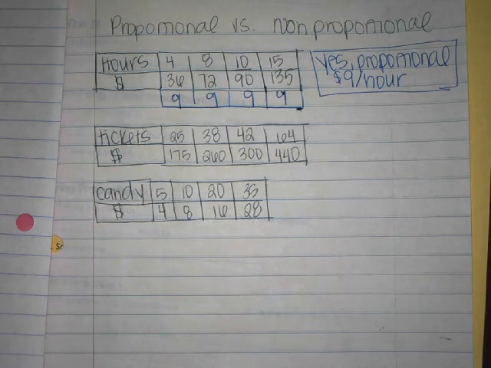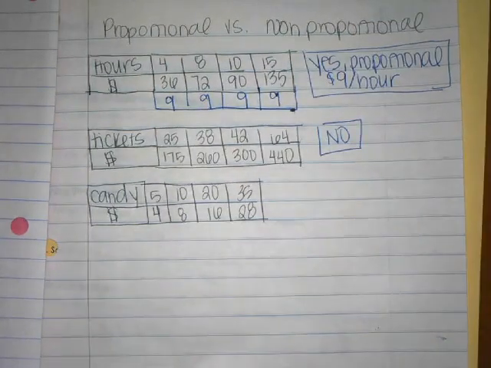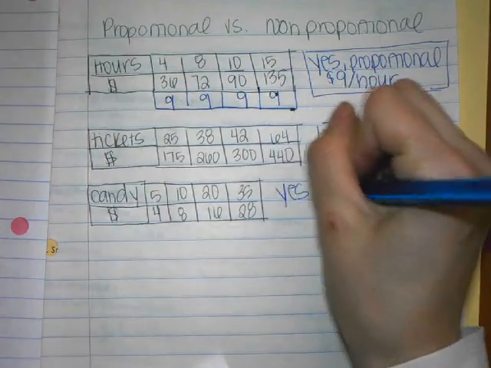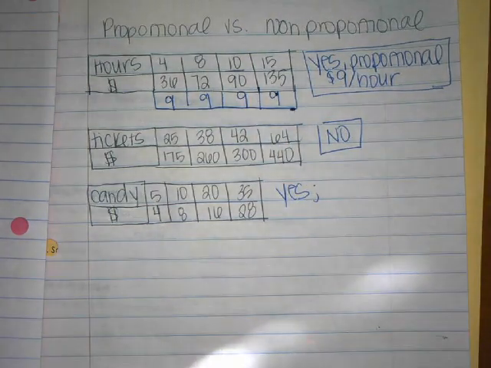Okay, back up front. Okay, I just want the simple yes or no. So on the first one, is it a yes or a no? No. No, very good. On the second one, is it a yes or a no? Okay, so if it is a yes, you have to give me the constant rate. What is the constant rate?